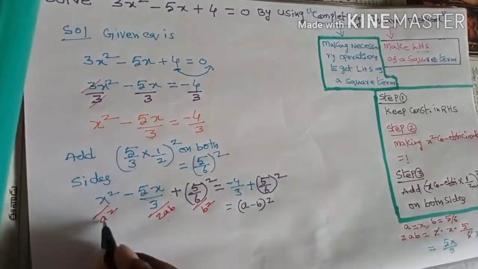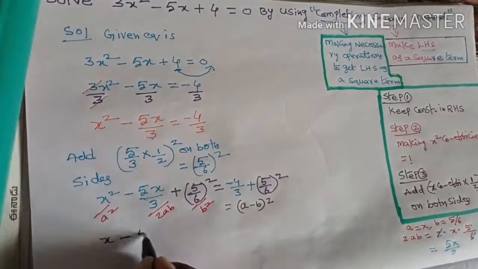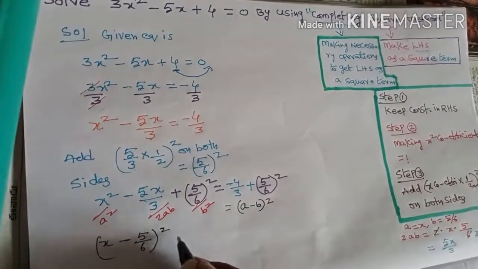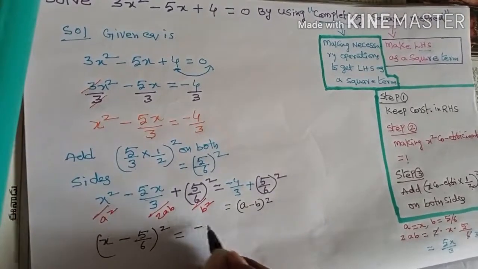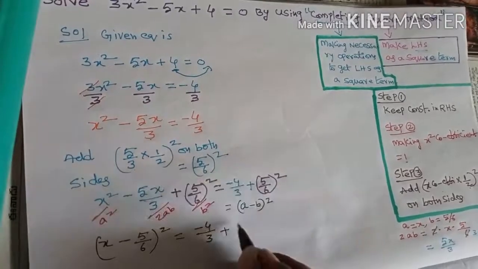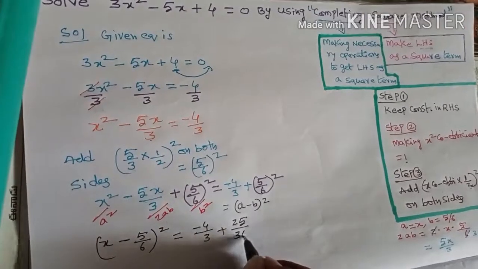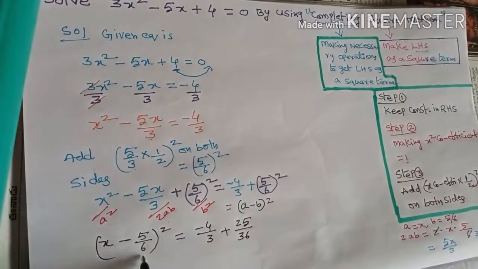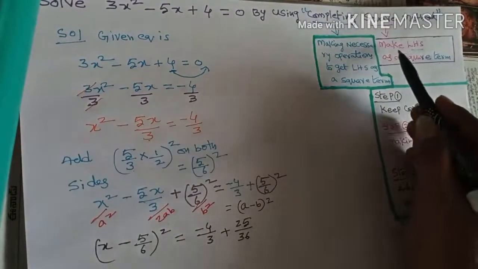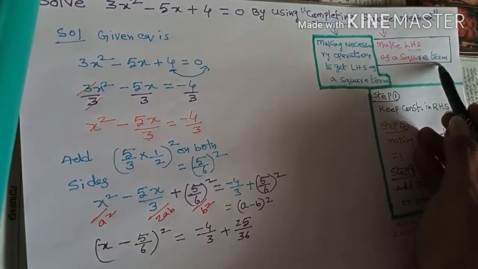Write down what is a here, x, minus what is b here, 5 by 6, whole square is equal to minus 4 by 3 plus 5 square 25 by 6 square 36. You see here the LHS takes the form of (a minus b) whole square. Therefore, I had made LHS a square term according to our plan.